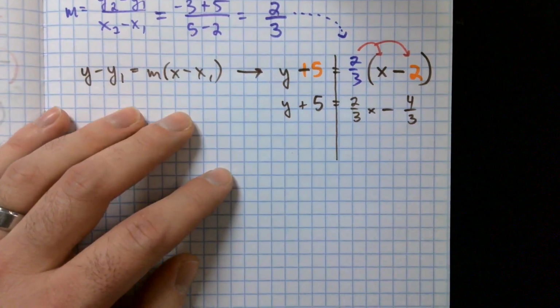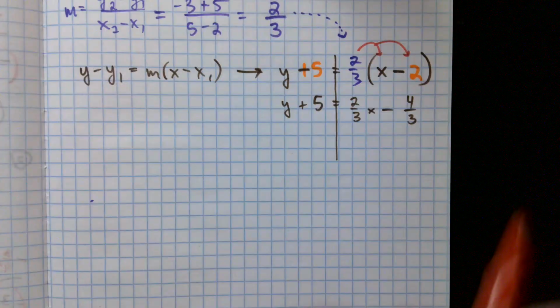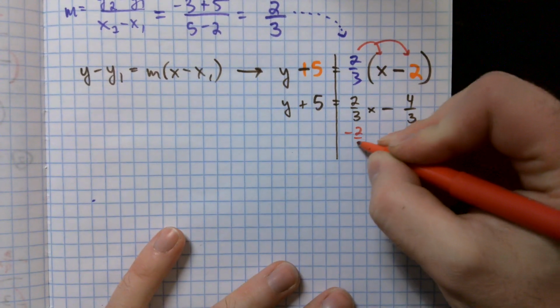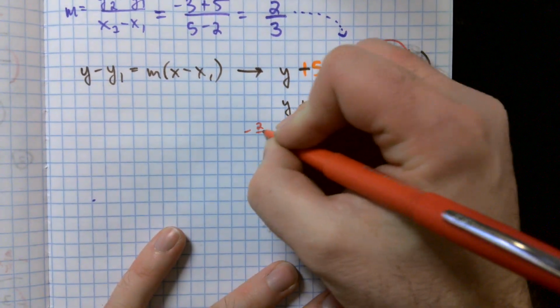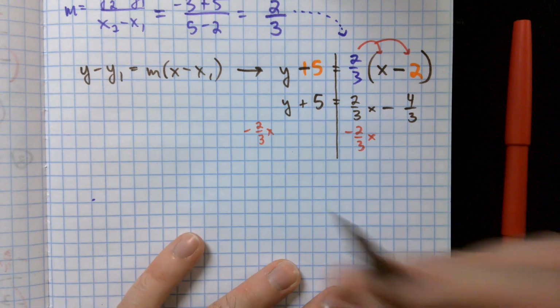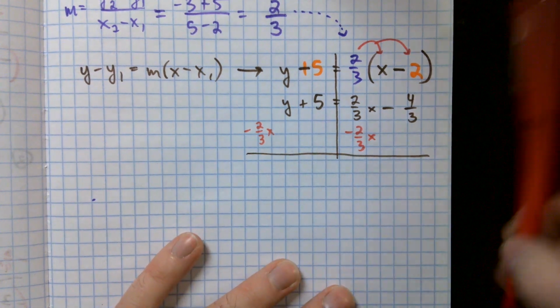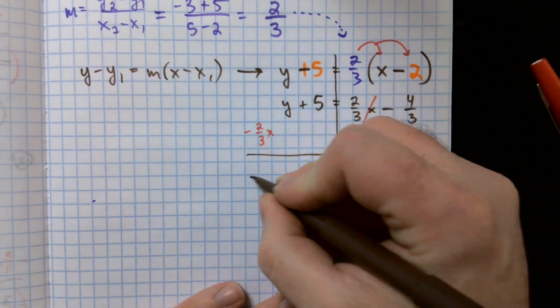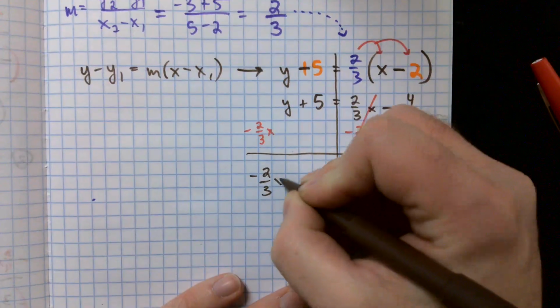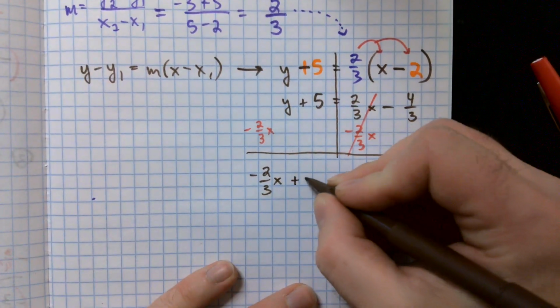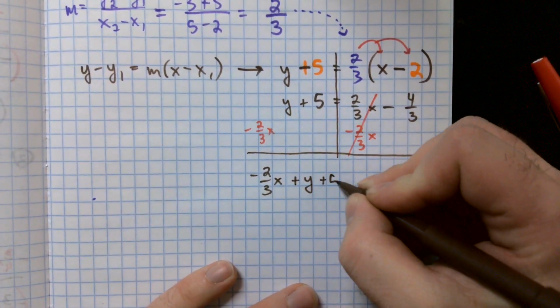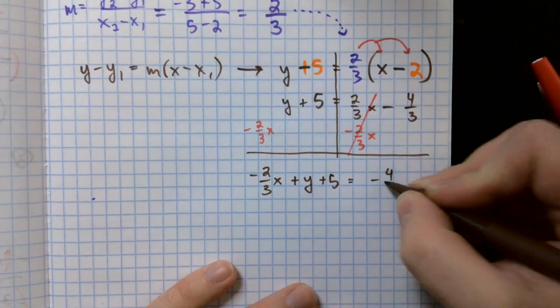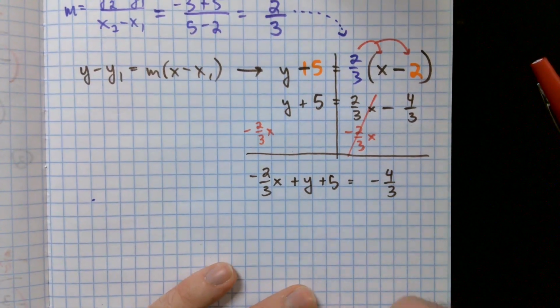What do I want to do now? Minus 2/3 x from both sides, sure. These go away. I've got a negative fraction in front of my x, which is exactly what I don't want. Plus y plus 5 equals negative 4/3.